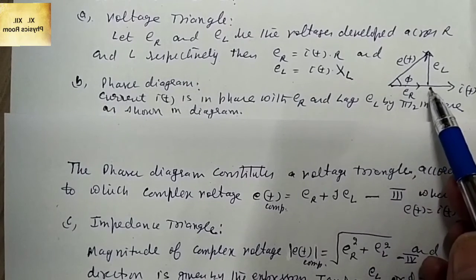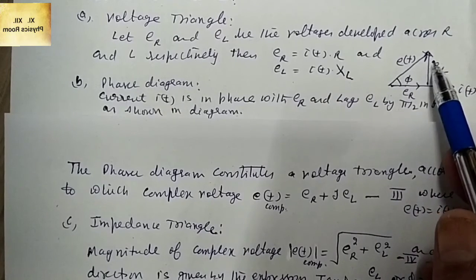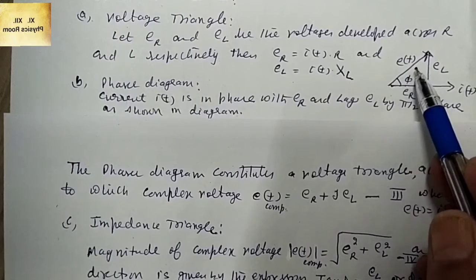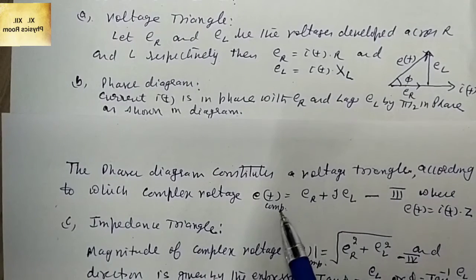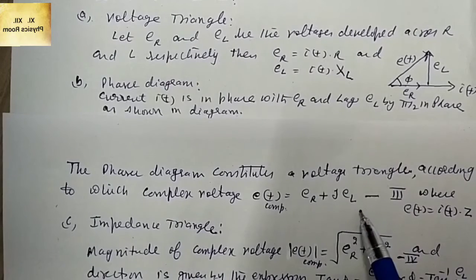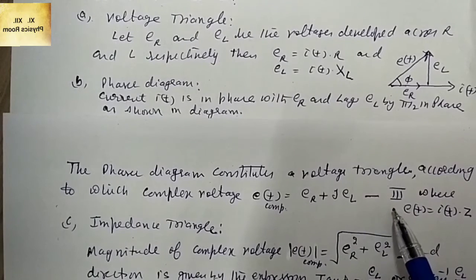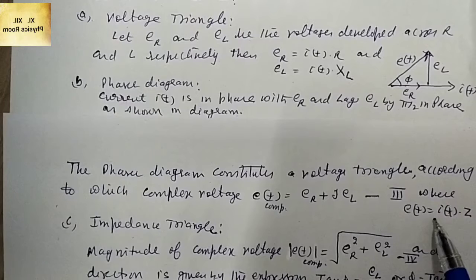If two vectors are represented by two sides of a triangle taken in order, then the resultant is given by the third side taken in opposite order. So E(t) is equal to E_R plus j into E_L. Let us mark it as equation number 3, where E(t) is equal to I(t) into Z.